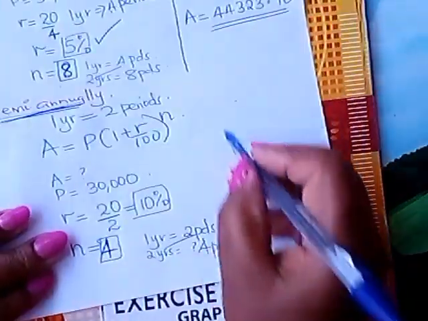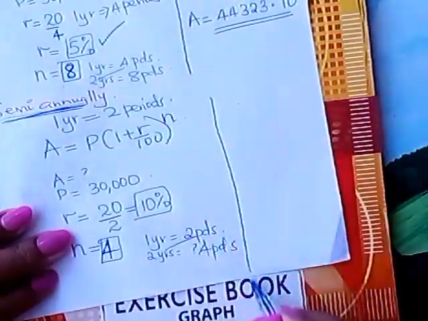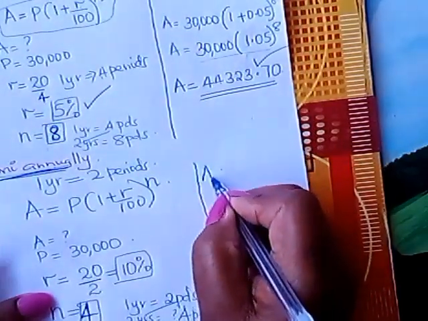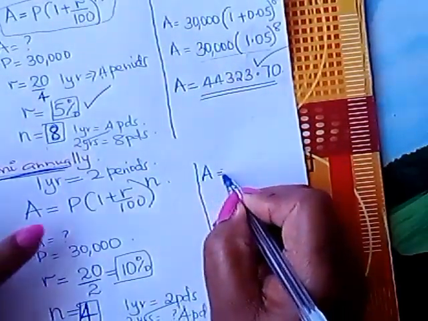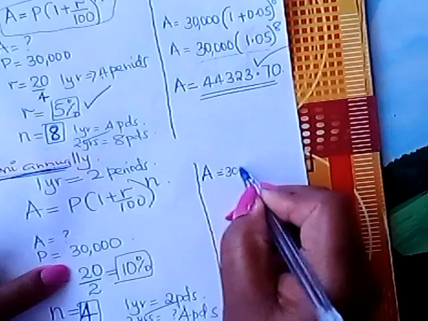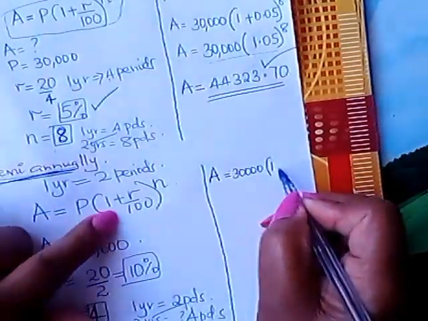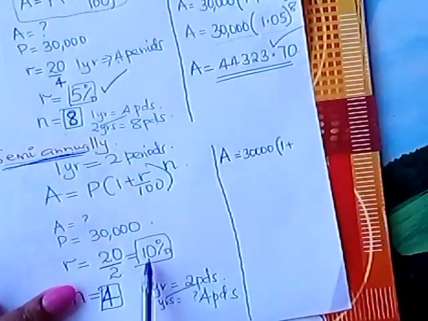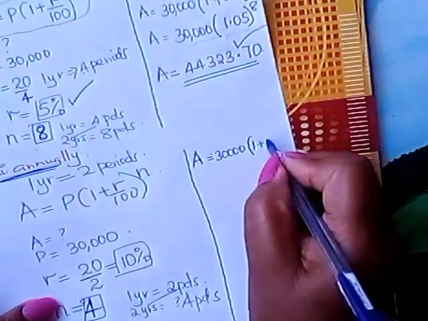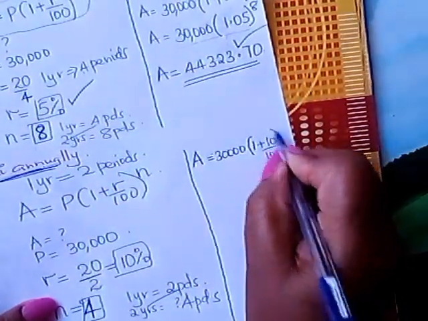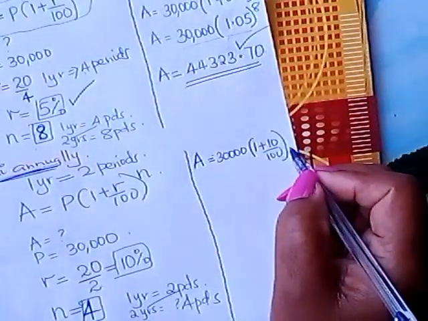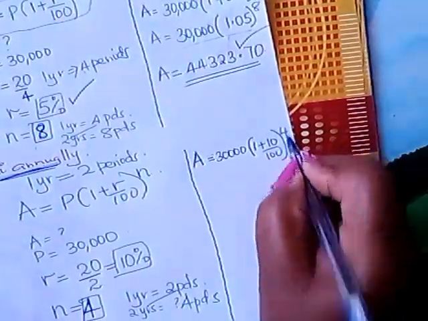With that, Lana, you just substitute. Amount is equal to what? The principal is 30,000. You substitute correctly: 1 plus our rate per period, 10%, raised to how many periods? 4. Your N is 4.